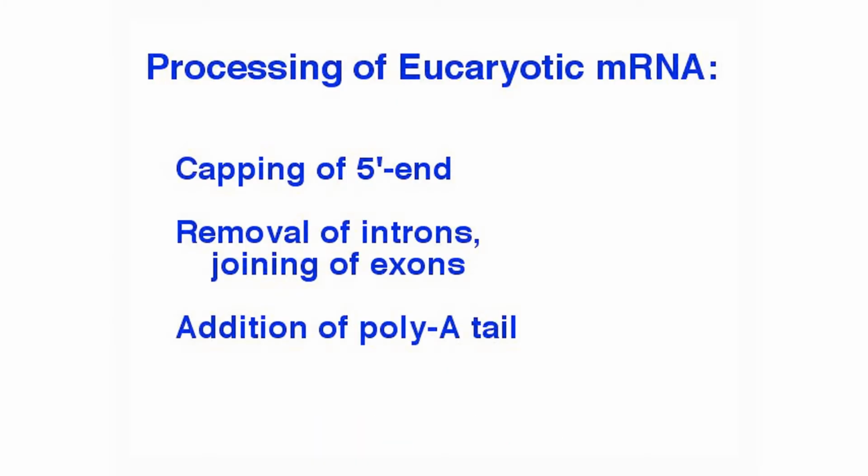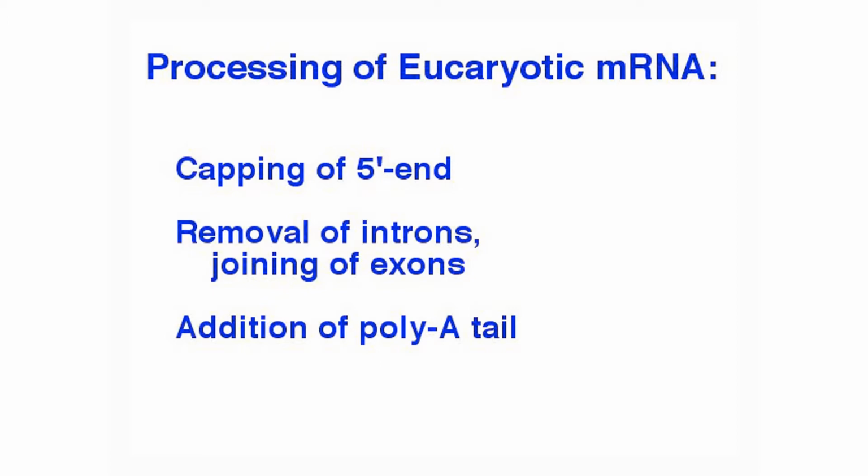The formation of functional mRNA is a bit more complicated in eukaryotic organisms than it is in prokaryotes, because they are subjected to post-transcriptional processing. There are three things that commonly happen to eukaryotic mRNA before it can function in protein synthesis.